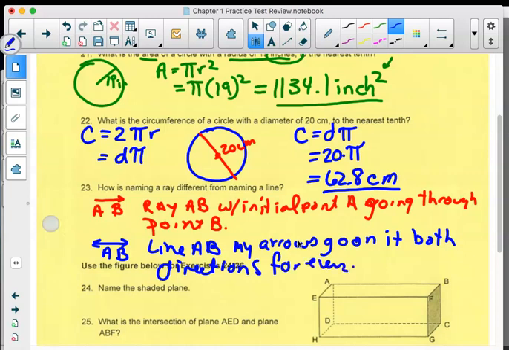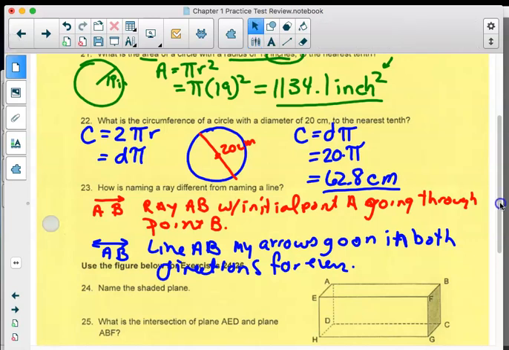So the ray starts at A and goes through B and on through B forever, but it doesn't go beyond point A. In my line AB, my arrows go on in both directions forever.